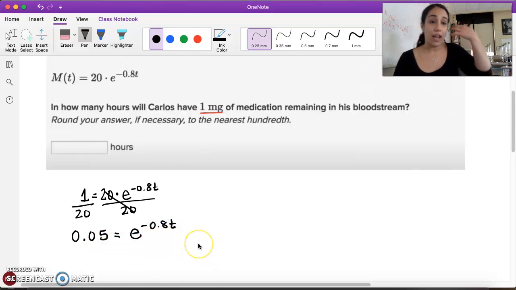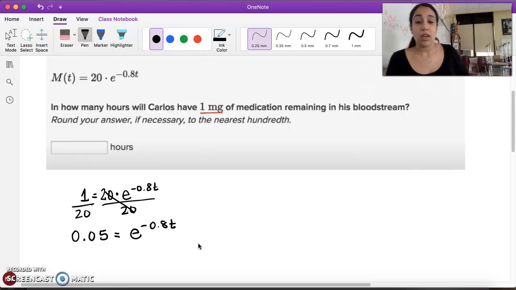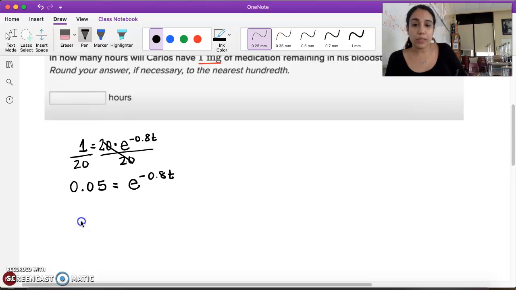Now we have a basic exponential function, y equals b to the x, whatever it is. And we can change this to logarithmic form. Now this is going to be log base e of 0.05 is equal to negative 0.8 t.